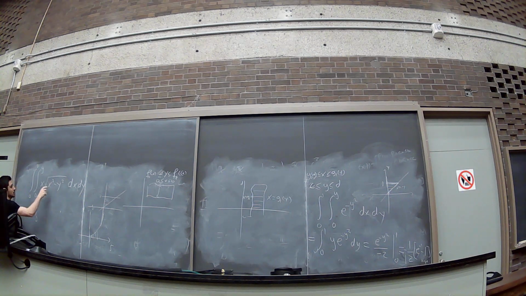So from 0 to 2, it's just x squared minus y squared to the 3 halves over 3 halves, times 1 half, dy, from x equals y to x equals 0. So it should be y squared minus x squared.